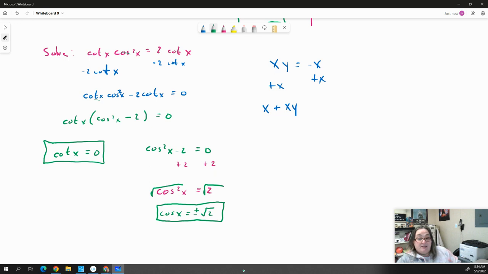Sometimes it helps me to take the trig function out of it and substitute in an x mentally, because they solve exactly the same way. But sometimes seeing the sine or the cosine or the cotangent throws you off a little bit in the solution. Ultimately, we're solving these problems the exact same way.